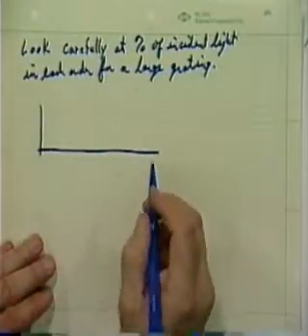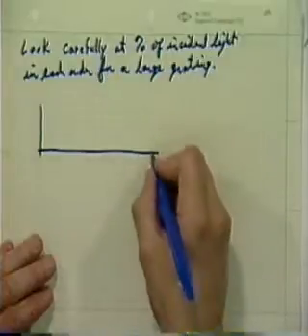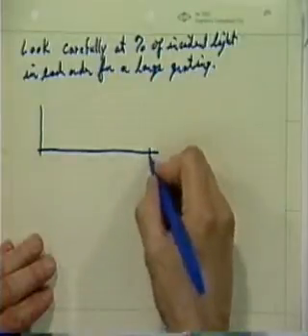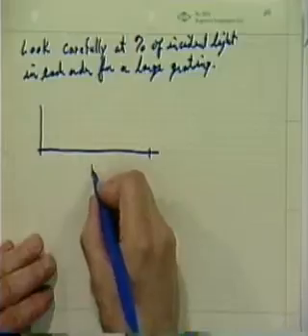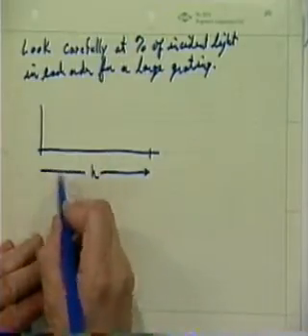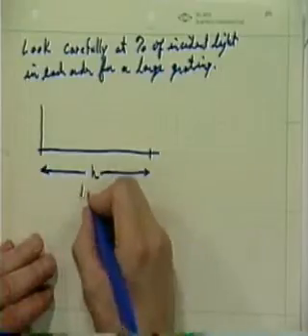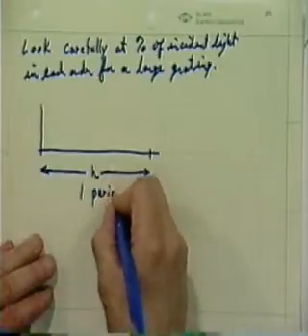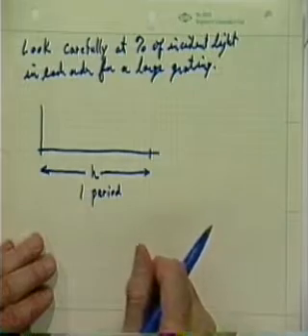So this binary grating we have here has some period associated with it. And we said that the spacing of the grating lines was h. So we'll say the period is h here.